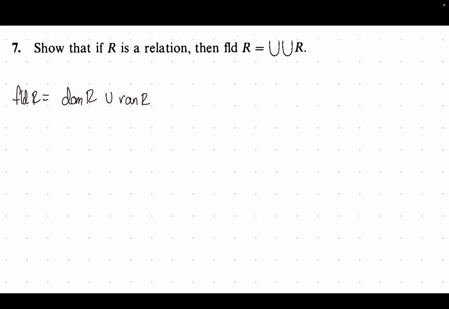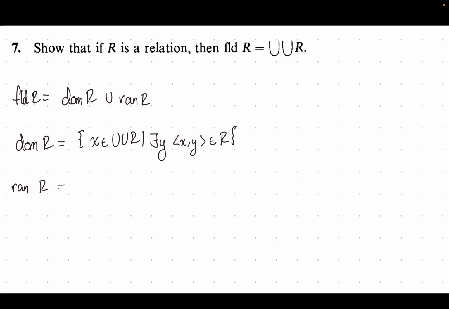And we defined the domain of R and the range of R in the previous video, but just so you can recall, the domain is the set of x in the union of R such that there exists some y such that (x, y) is in R. And then the range of R is going to be y in the union of R such that there exists some x such that (x, y) is in R. Very similar definitions.